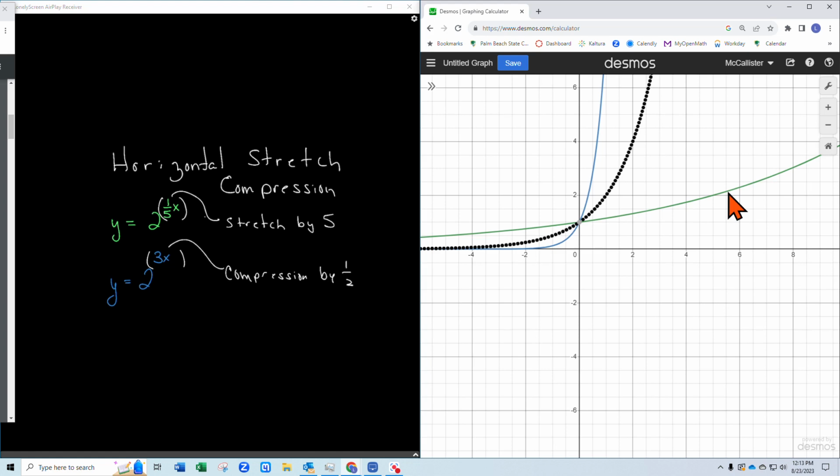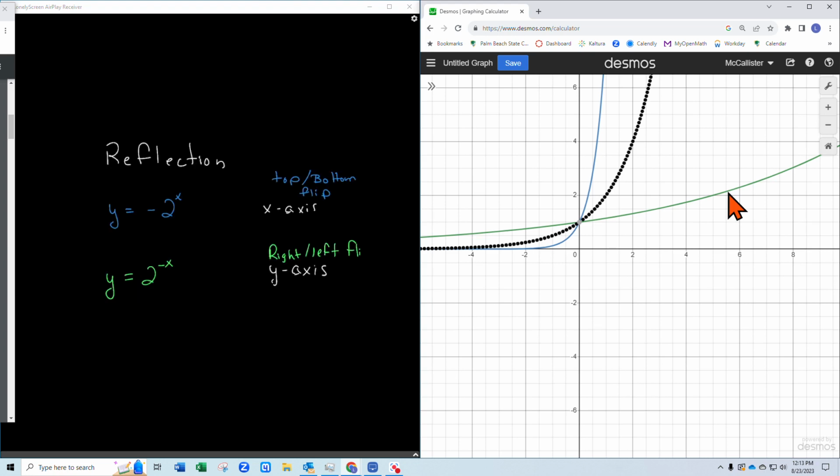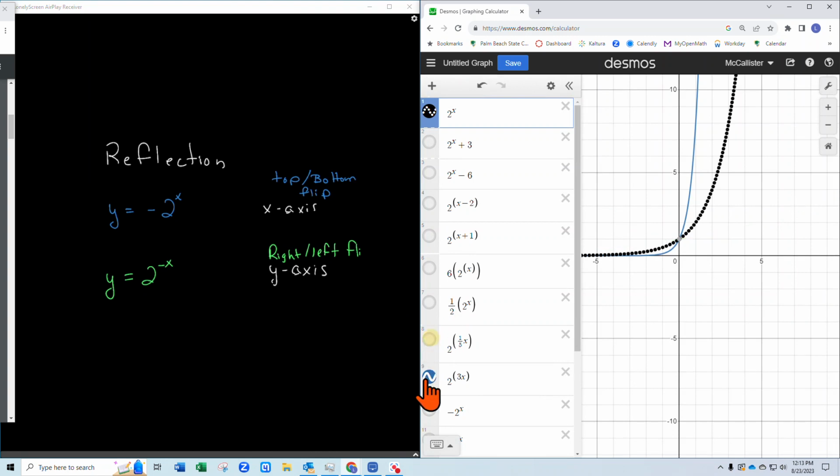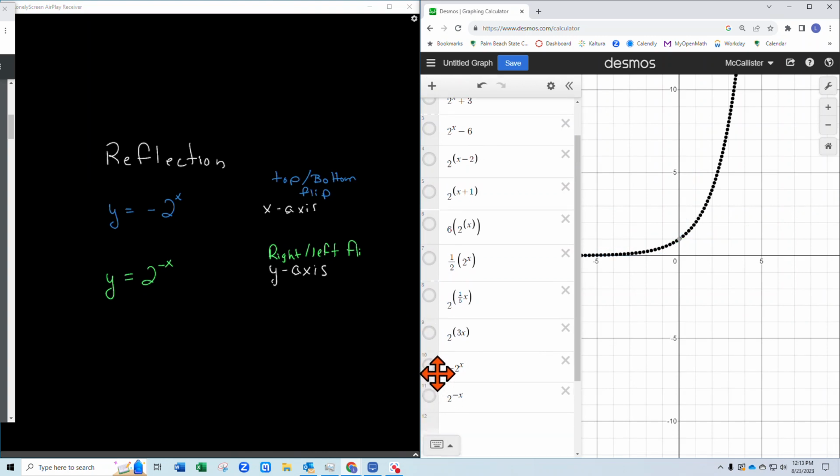All right, and then the last one we're going to talk about are the reflections. And I'm going to do these separately. I think it's easier for us to see. When I have negative 2 to the x, that is a reflection, a top-bottom flip around the x-axis.